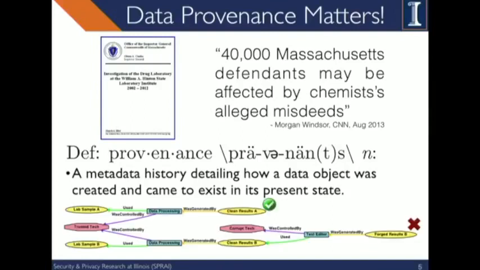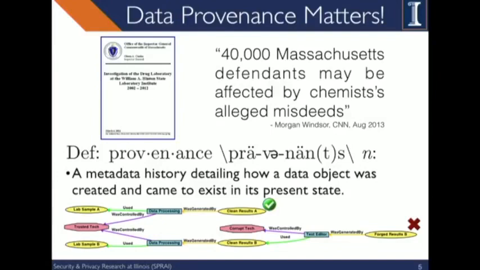We're probably not going to be able to see this very easily from where you're standing, but here's an example of how we might model the provenance of these objects in the form of a relation graph. What we can see here is that we're starting with two samples, lab sample A and lab sample B. In this next column, we can see that they were both subjected to legitimate data processing by one of our trustworthy technicians to produce a clean result A and a clean result B. At this point, though, one of the corrupt technicians actually opened up the second result with a text editor in order to generate one of these forged results.